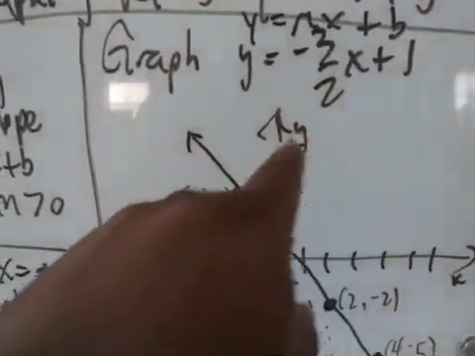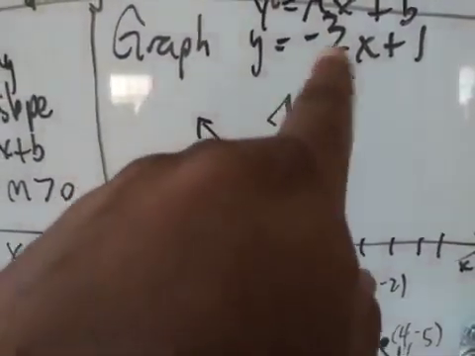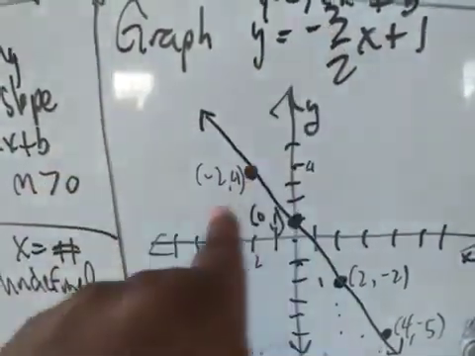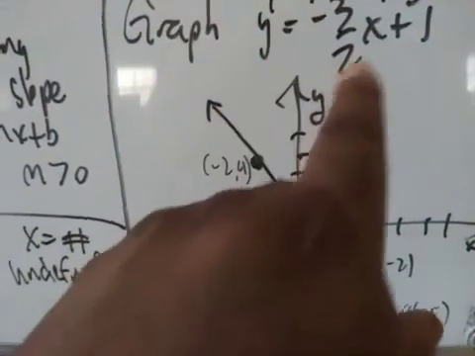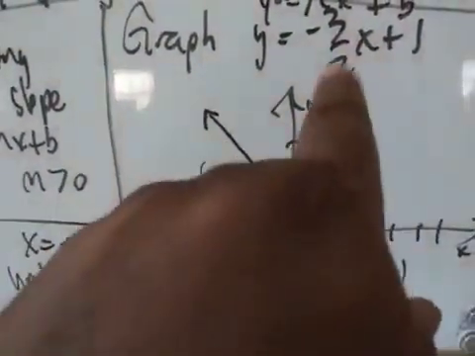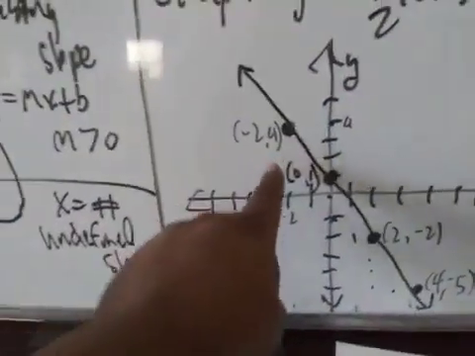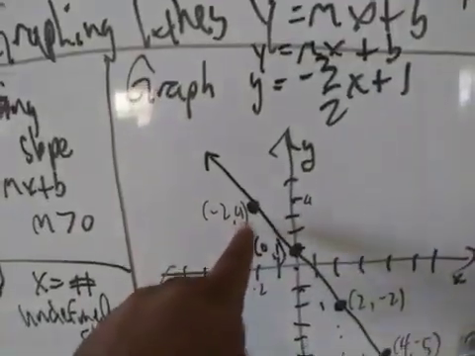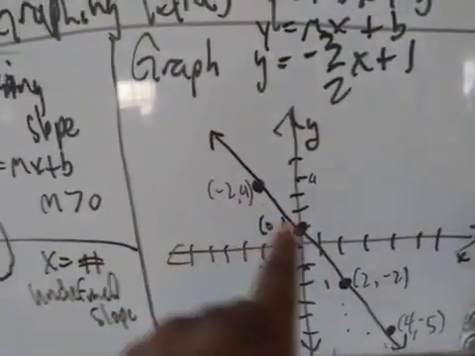So the negatives cancel out and this becomes positive 3. Then 3 plus 1 is 4, and that's what the y coordinate is. The y is going to be 4 at that point, right?